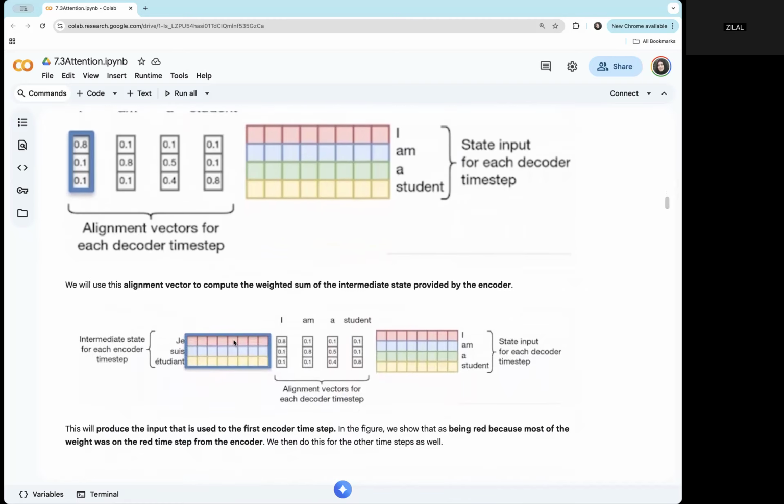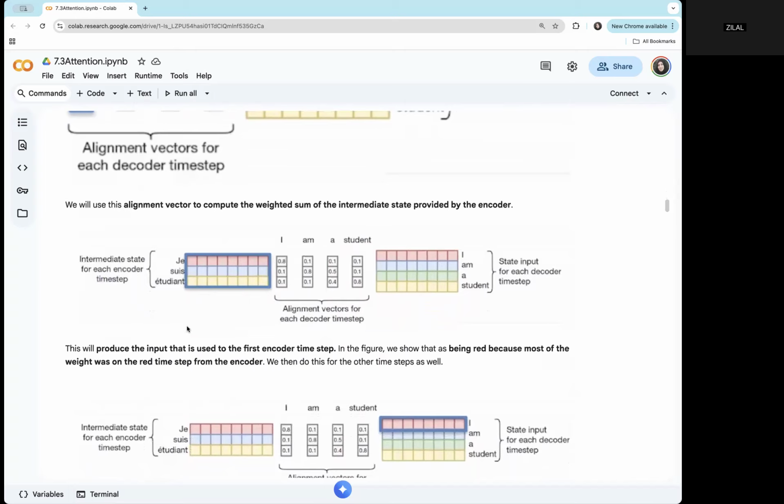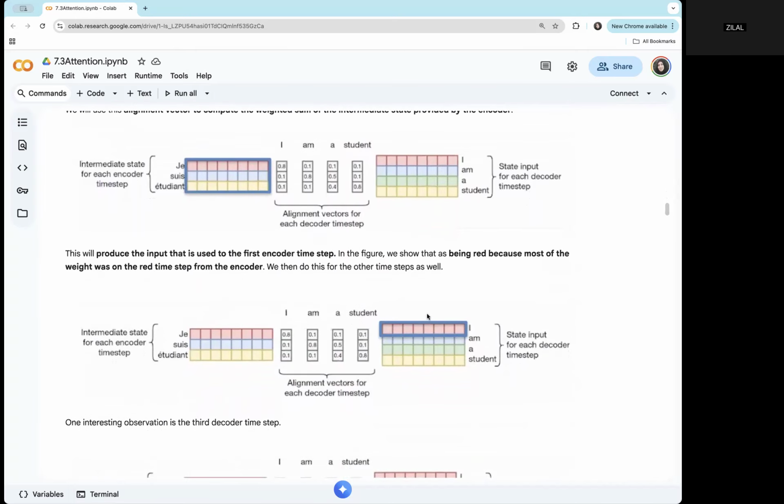We will use this alignment vector to compute the weighted sum of the intermediate states provided by the encoder. This will produce the input used for the first decoder time step.